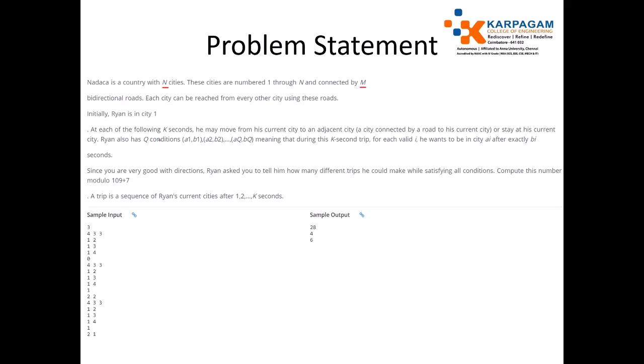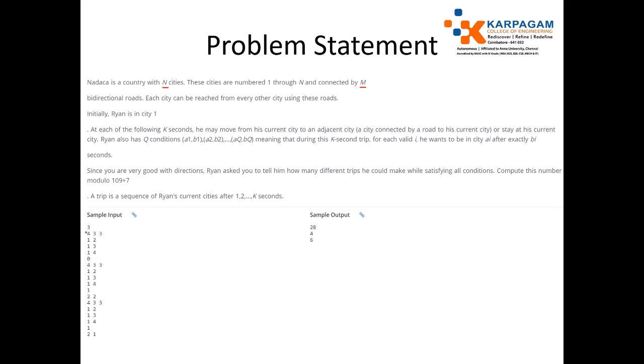And they have another constraint. At each of the following k seconds, he may move from his current city to an adjacent city or stay at his current city. And also they have some conditions like a1, b1 and a2, b2 up to aq, bq, meaning that during this k second trip, for each valid i, he wants to be in the city ai after exactly bi seconds.